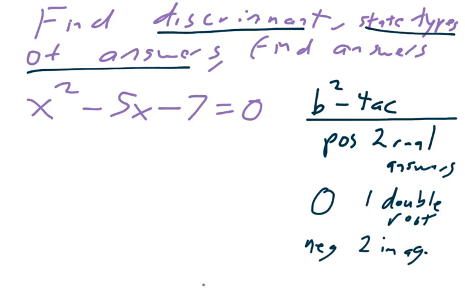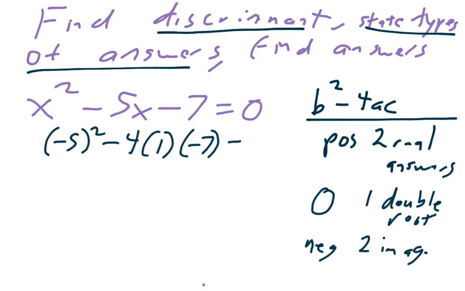So in this problem, we have negative 5 squared minus 4 times 1 times negative 7, which turns out to be, and make sure when you put it in your calculator, the negative 5 is in parentheses, we're going to get the answer of 53. So since we got this, we know that there will be two real answers.